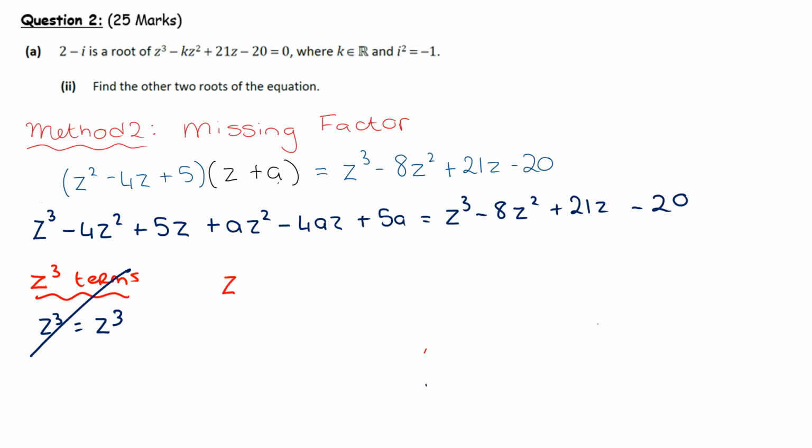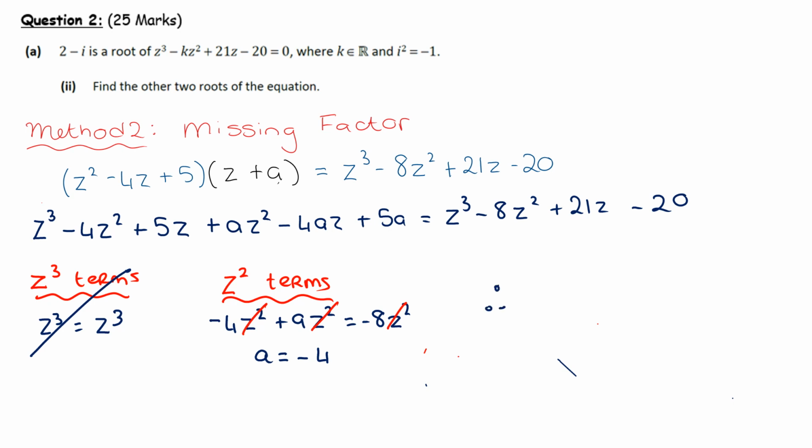So then we have z squared terms, and we should be able to do it just using one term. So we have minus 4z squared plus az squared, and that should equal minus 8z squared. We can ignore the z squareds, and we get a equals minus 4. You could keep going just to double check it, but we've already done it so we know this is right.